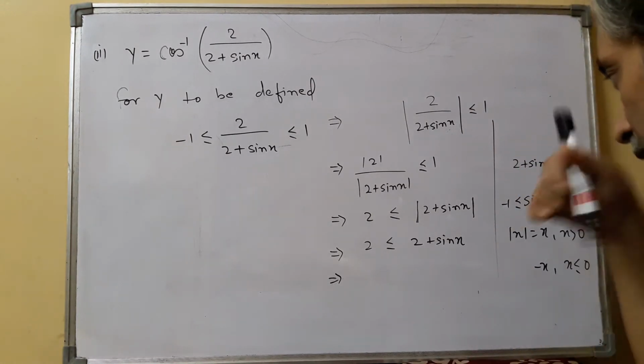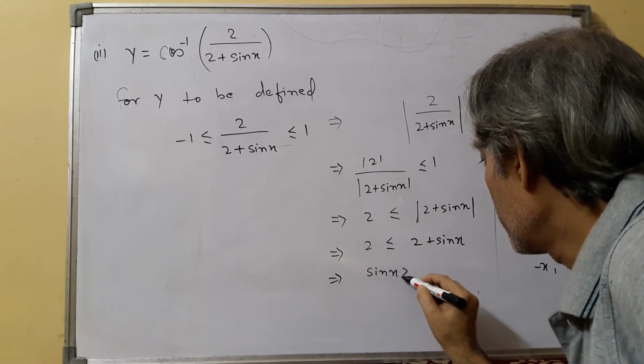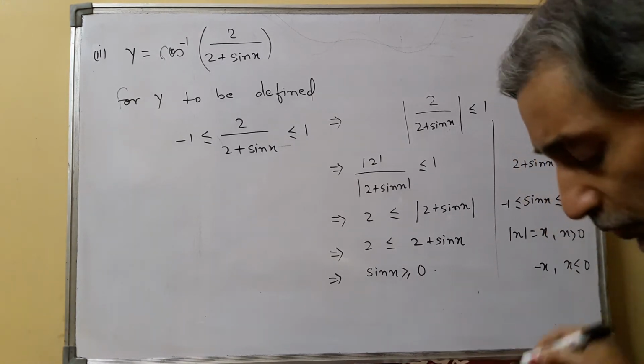Now we are getting sin x more than or equal to 0. Now how to solve this?